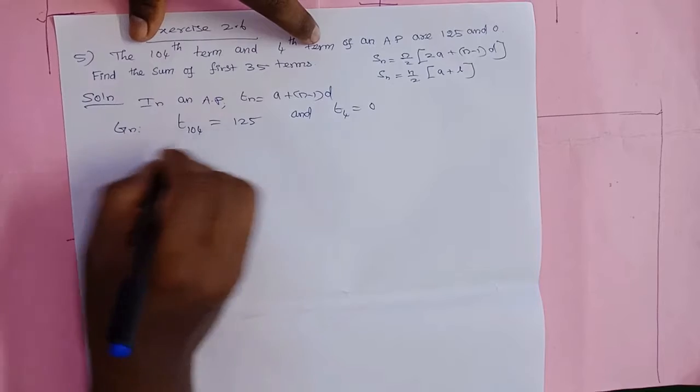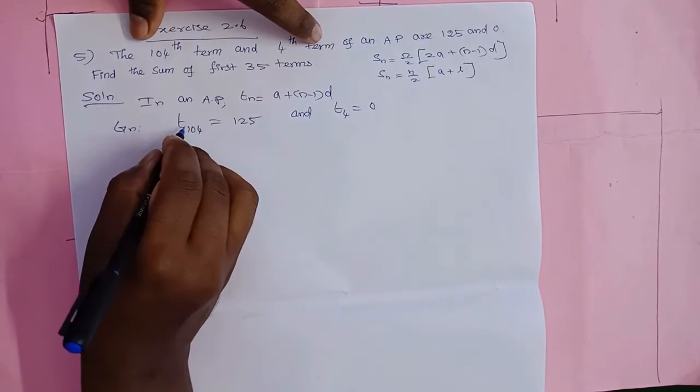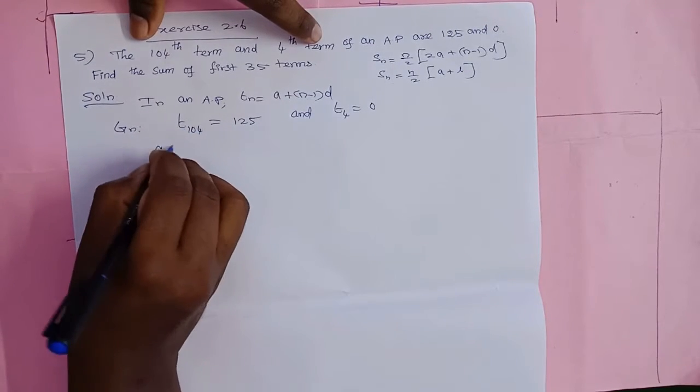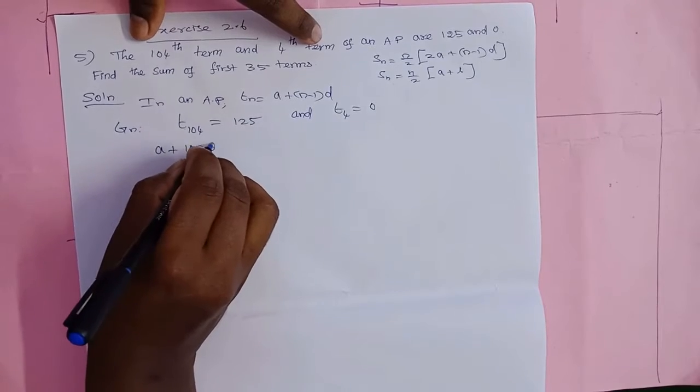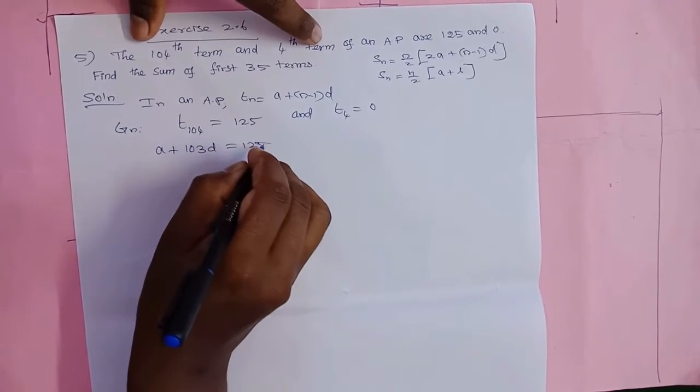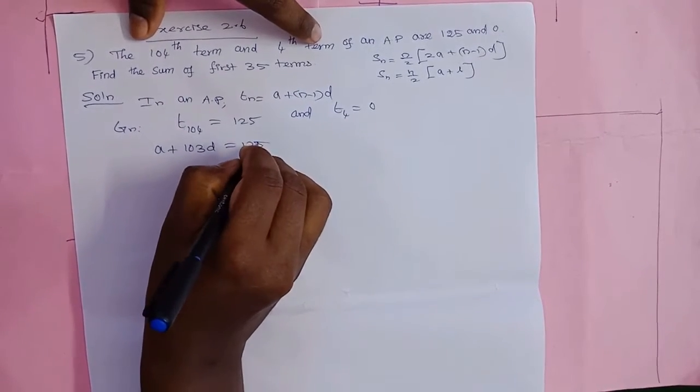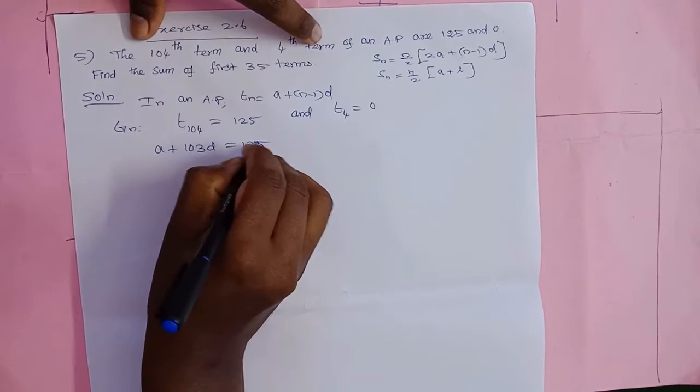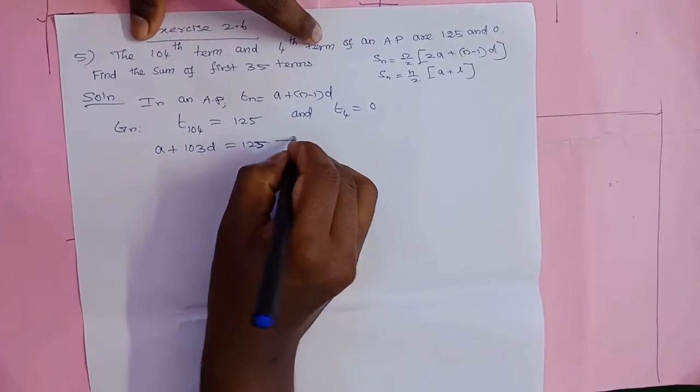Take T104 first: a plus 103d is equal to 125. It is equation number 1.